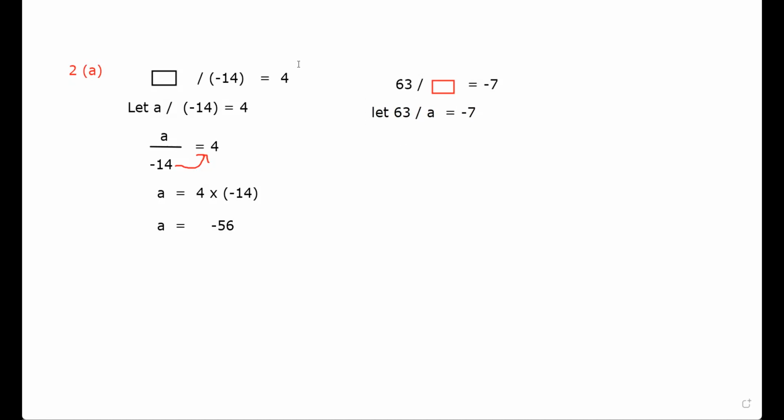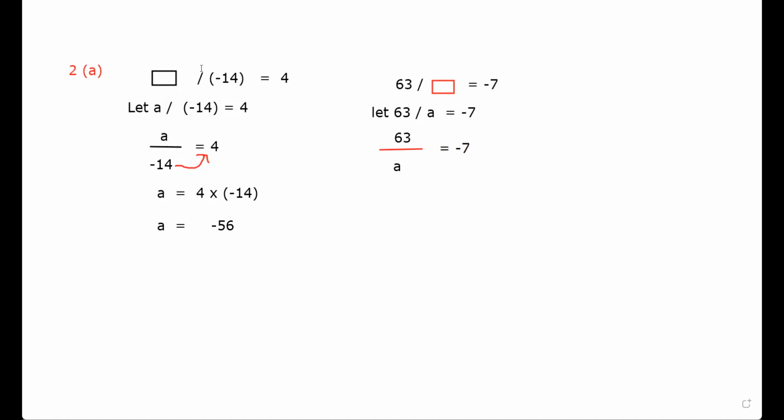Now we have to form the equation, as you know very well. We have to write 63 at the numerator, and at the denominator we have to write A, equals to -7.